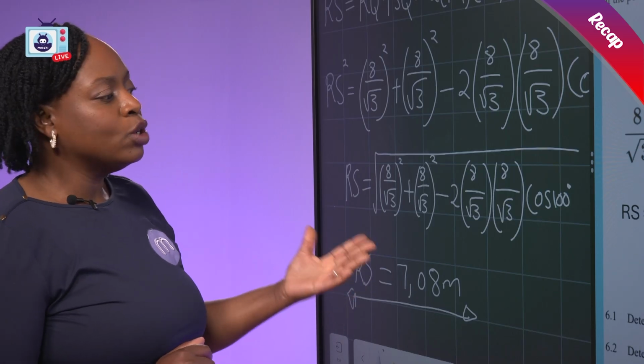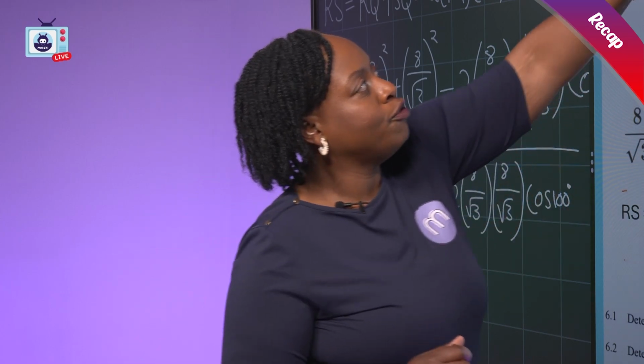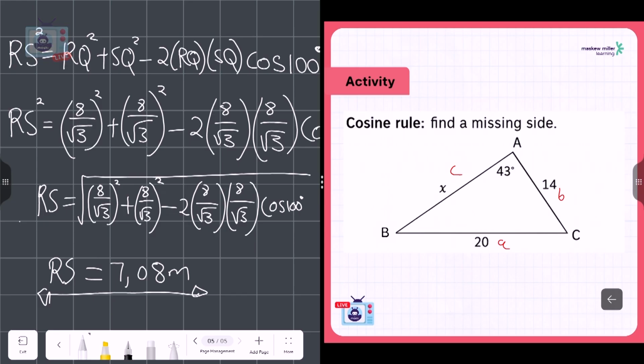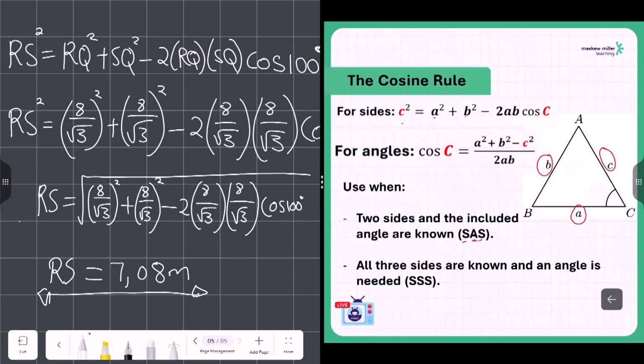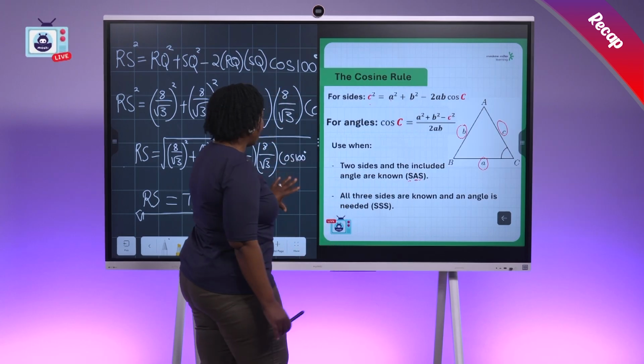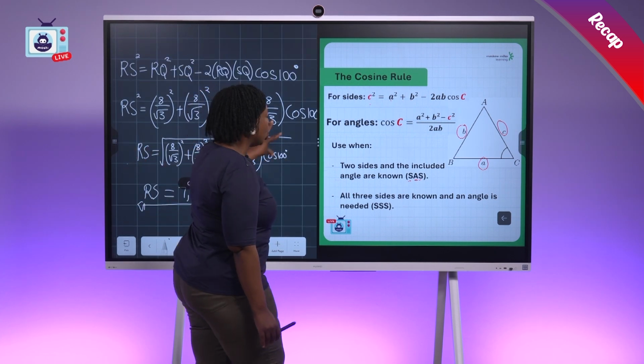So when you are using cosine, for us to calculate the angles, I have shown some of the information here, which I'll just go back a little bit, and you can see. So if I was given 3 sides, full 3 sides, that means I wouldn't have an angle in this question, right? So I'll have all the sides, but not the angle.